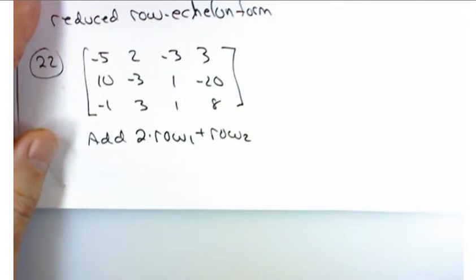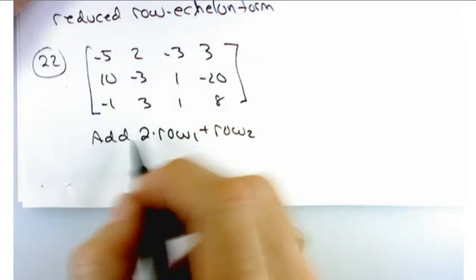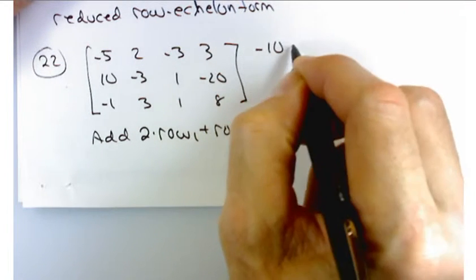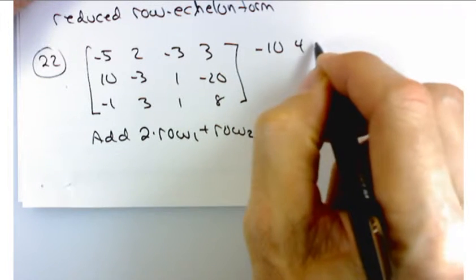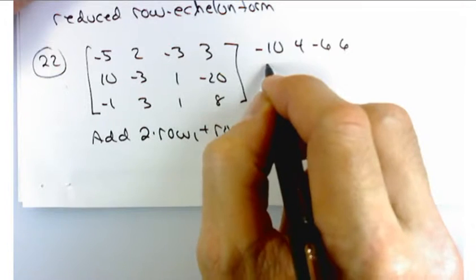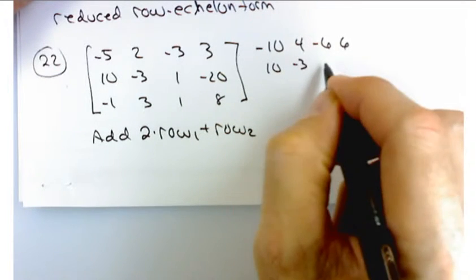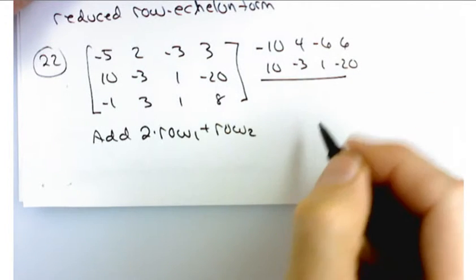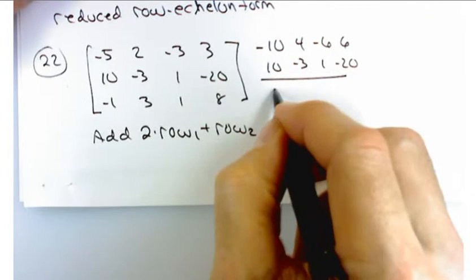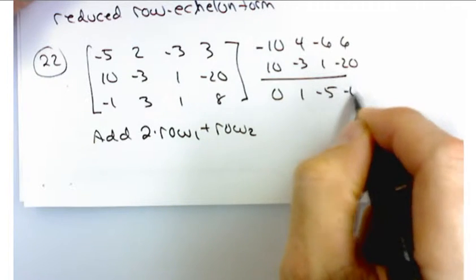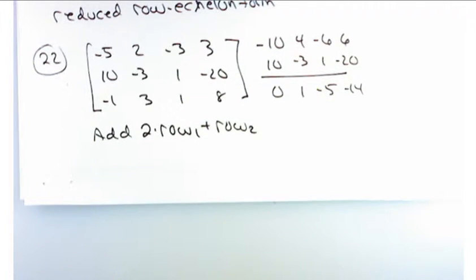And let's see what happens here. 2 times row 1 would be these numbers: -10, 4, -6, and 6. And let's add that to 10, -3, 1, and -20. So I get 0, 1, -5, and -14. That's my new second row.